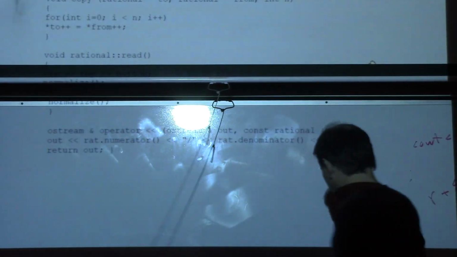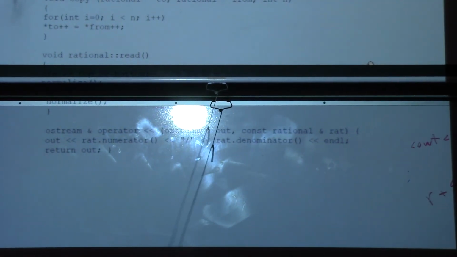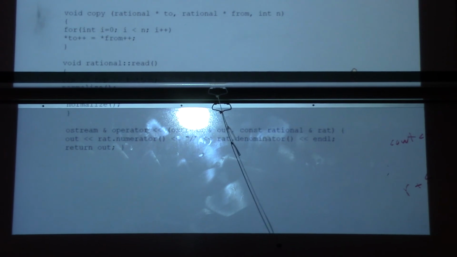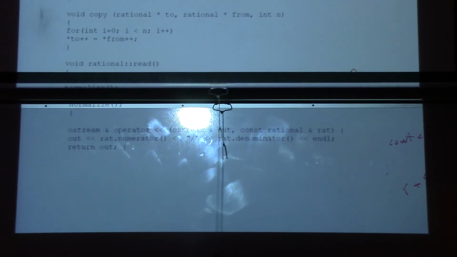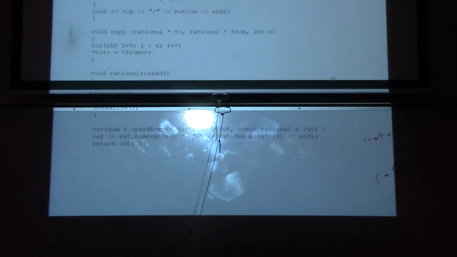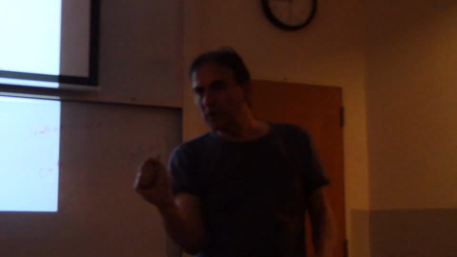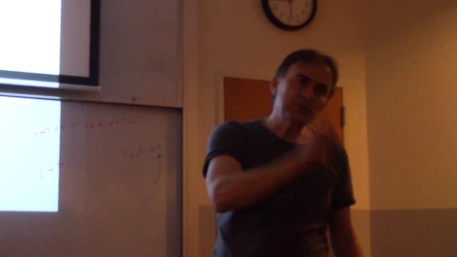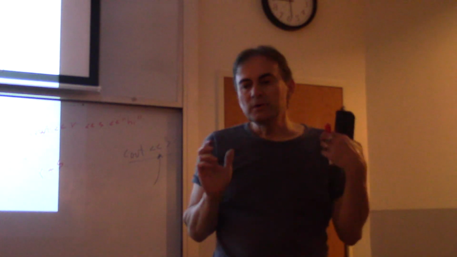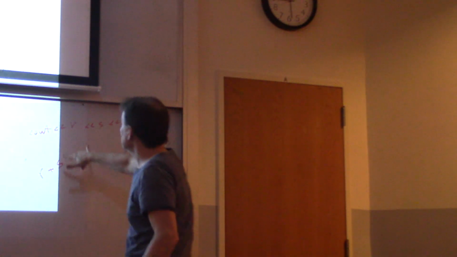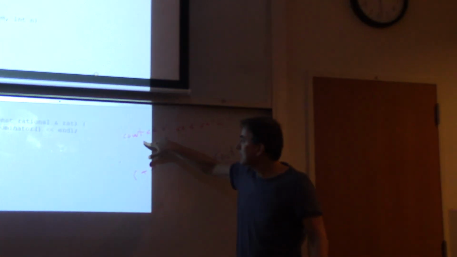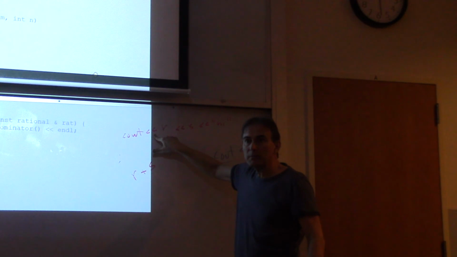We can't do that. So when we have a binary operator, like plus, like star, like the output operator, and you make it a member, the thing that goes before it is the host, and the thing that goes after it is the parameter. So if you want it to look like this, you cannot make this operator a member of rational.